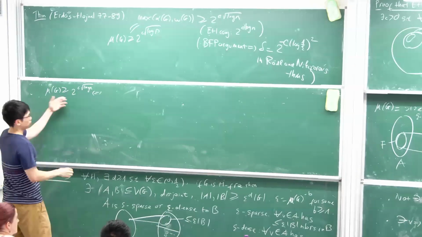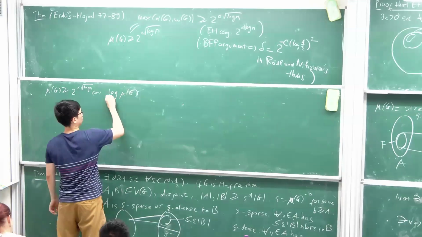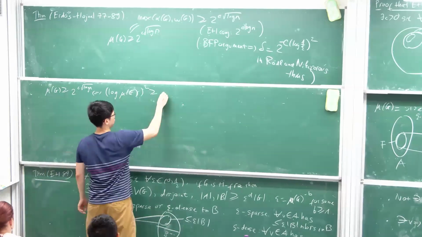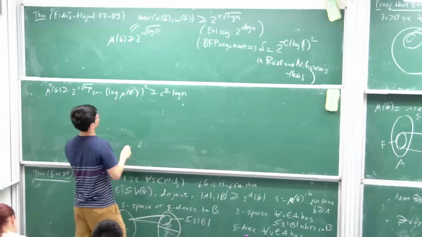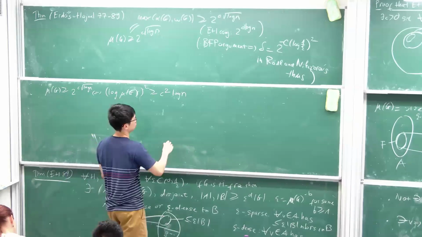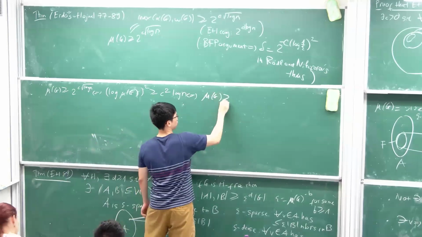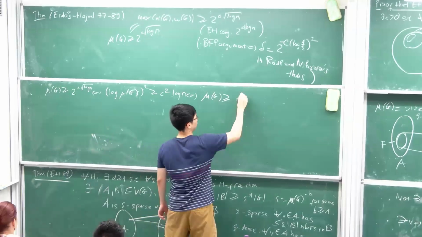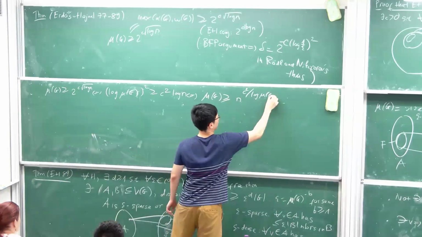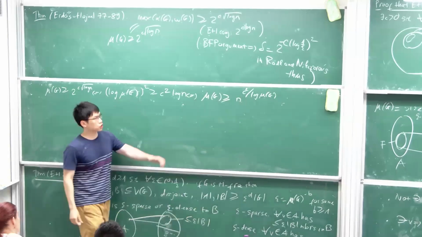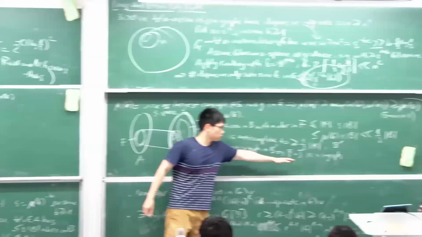If I take log on both sides, then I have log of mu G squared, at least C squared times log n, which is equivalent to mu G at least n to the C squared divided by log of mu. So now in this form, it's going to be much more convenient for us to apply induction by combining F and J. So here's why.